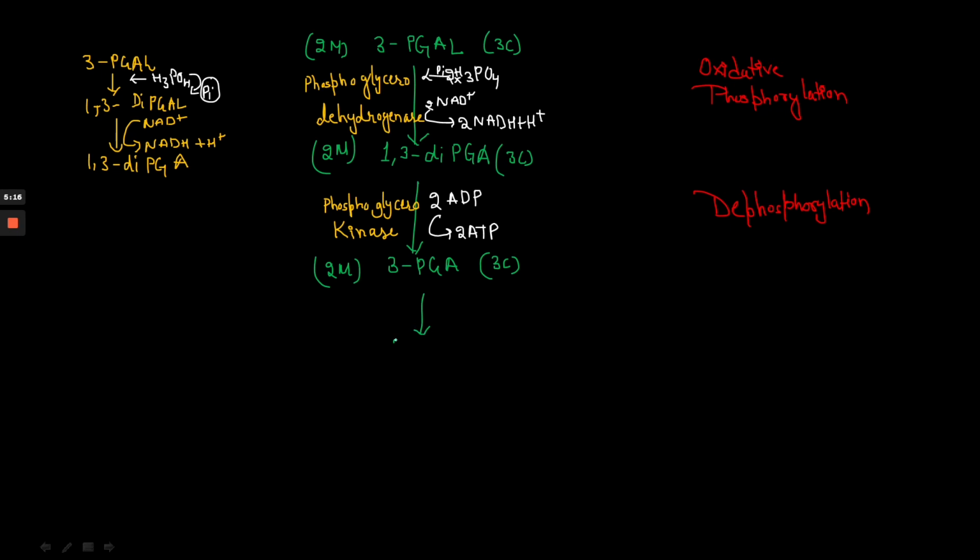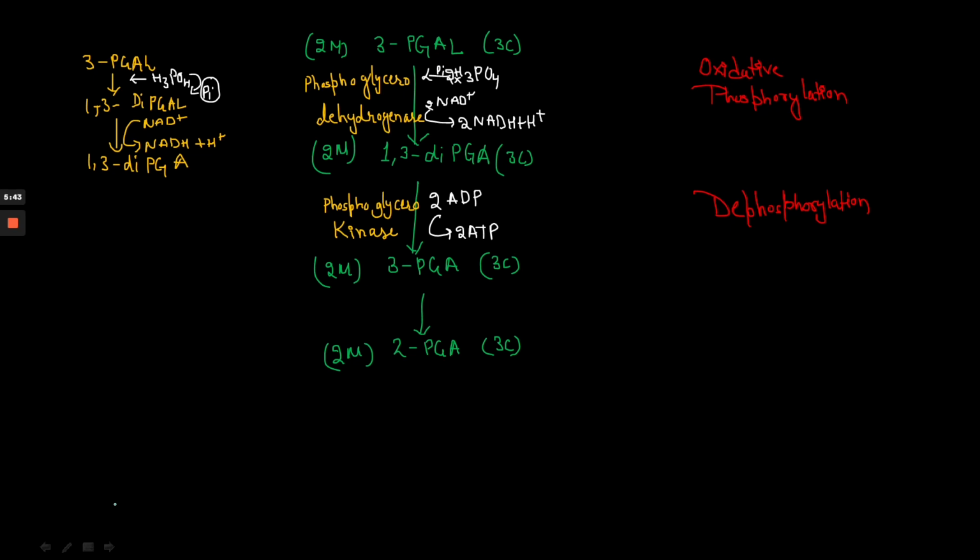Now in the next step, what is going to happen is that this 3-phosphoglyceric acid is going to get converted into 2-phosphoglyceric acid, again a 3-carbon molecule, and since 2 molecules were there, here also 2 molecules of 2-phosphoglyceric acid are being produced. So what is happening? Earlier the phosphate group was present on the 3rd carbon, now it has changed location and shifted to the 2nd carbon of the phosphoglyceric acid.